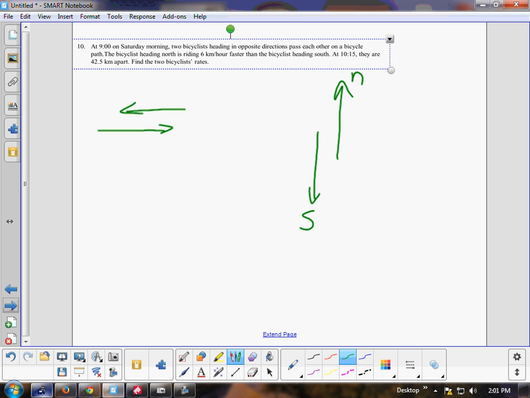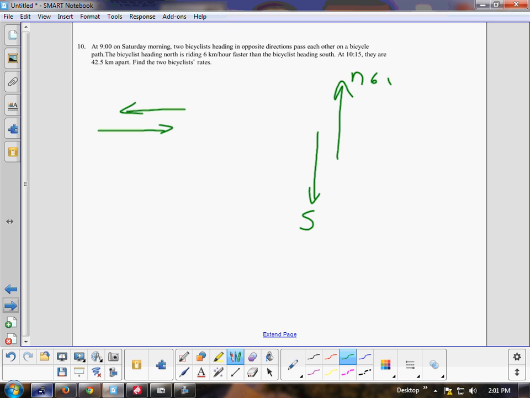The north rider is 6 kilometers per hour faster than the other guy. 6 kilometers per hour faster than the other guy's rate. So the north rider is going to be 6 plus r, and then down here is just r.